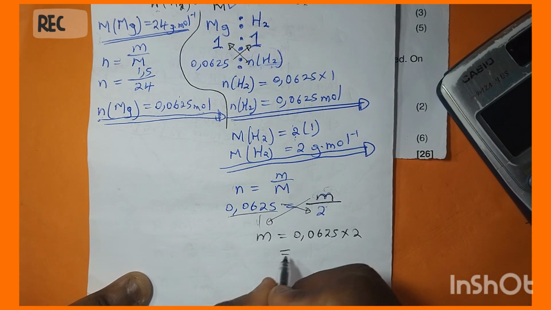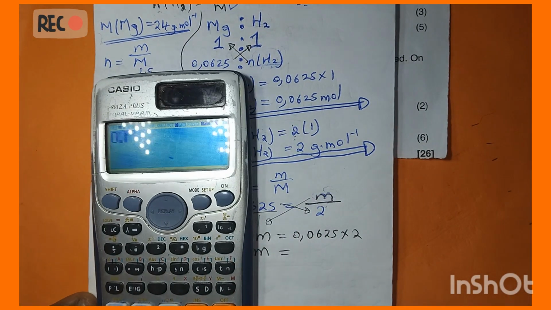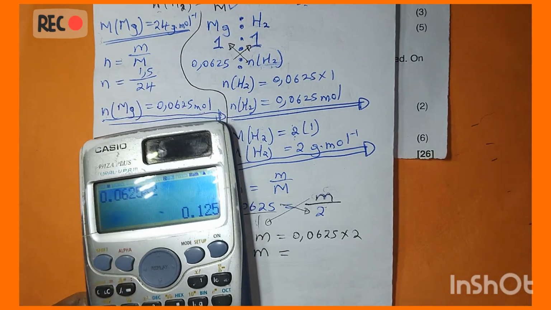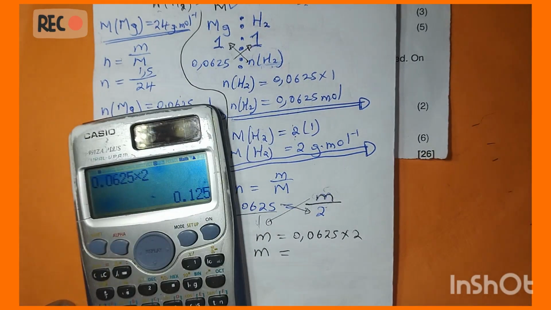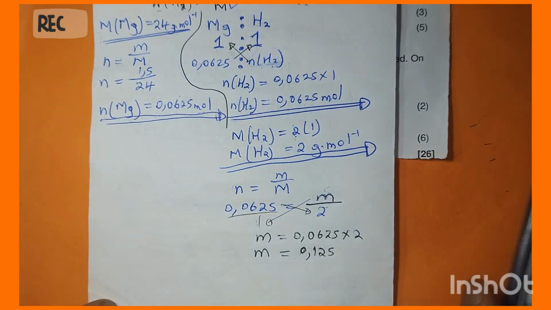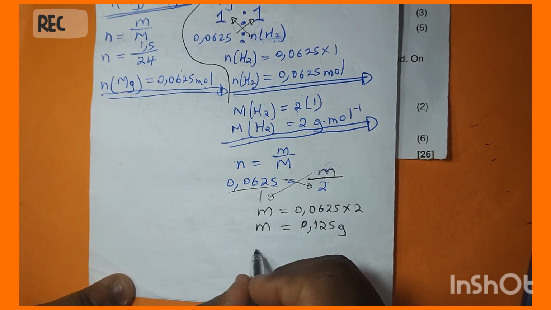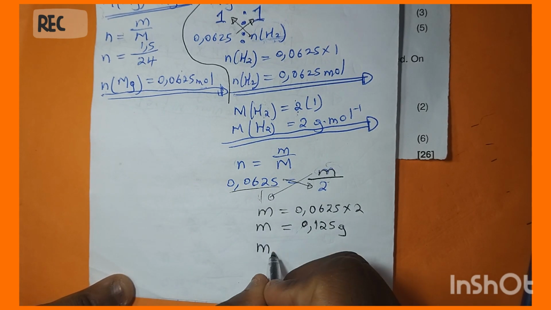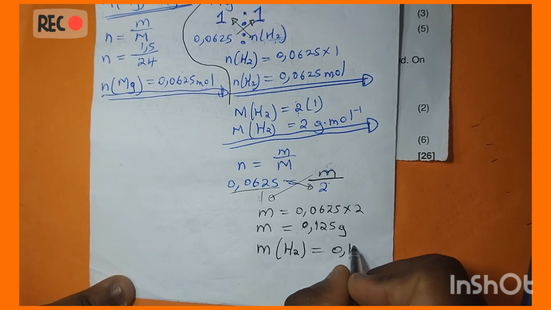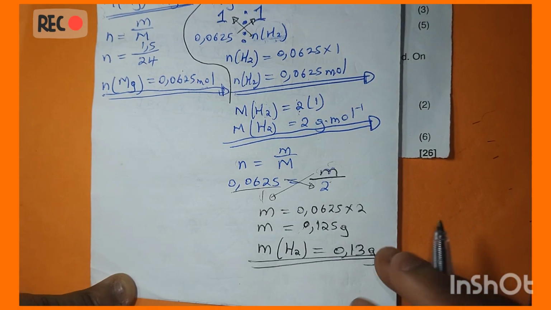It means, okay, now my final answer, let me press this thing on my calculator, which is this one multiply that, which is, this is what I get, guys, as an answer, which is 0,125, which is there, it's grams. But now you can round off your answer in 2 decimal places, meaning this thing that will be a mass of hydrogen gas was 0,13 grams. Do you see?